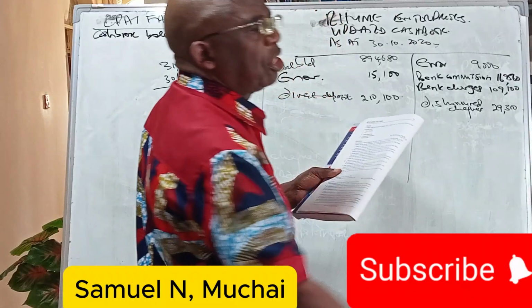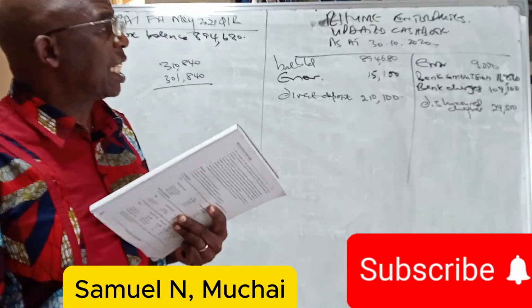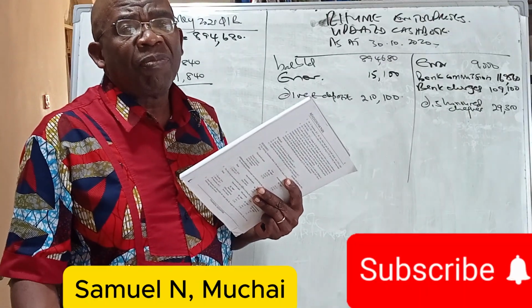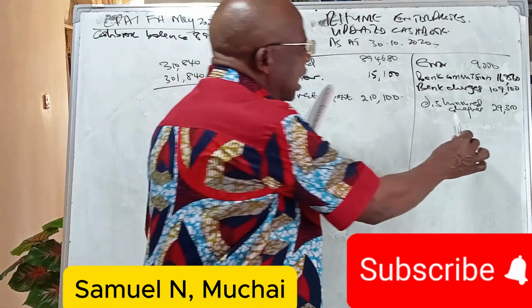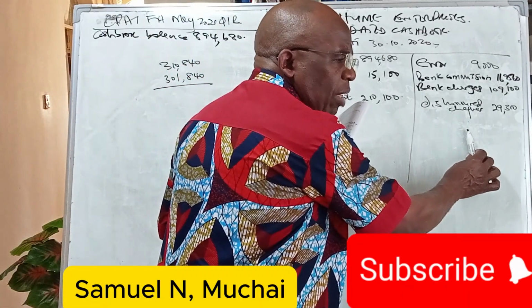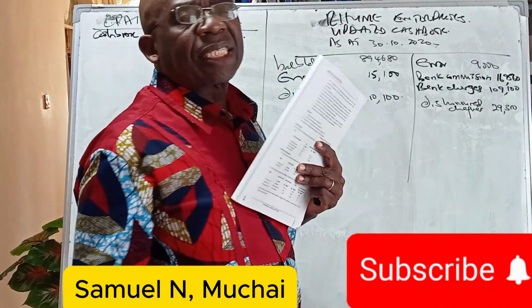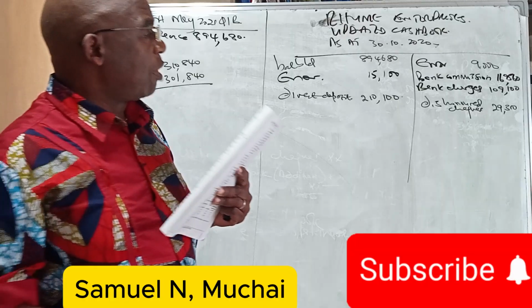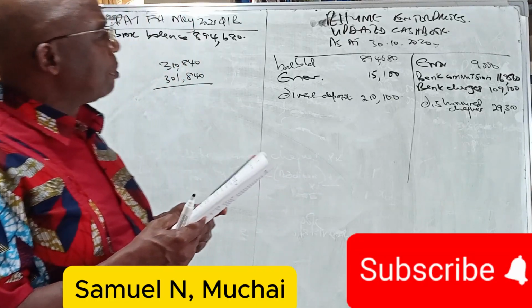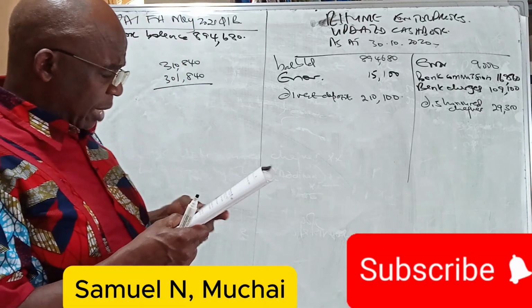But the bank did not receive the checks, and therefore they had not reduced our money with this amount. And therefore that is a reconciling item, because it was correctly recorded in our books. But the bank has not updated because they have not been given the checks to pay. So that becomes a reconciling item.